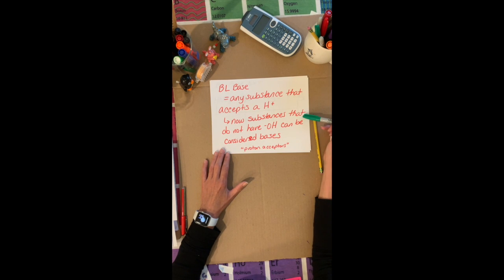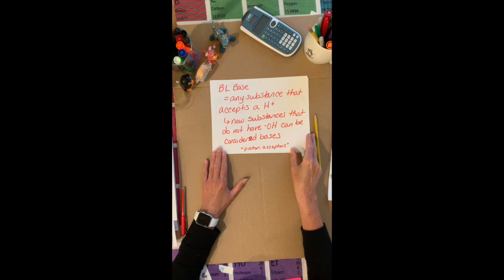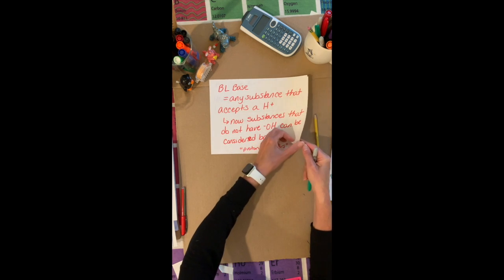And this expands that Arrhenius definition because now substances that do not have that hydroxide ion associated with their chemical formula can be considered bases. So any substance that accepts protons, takes them out of solution, is considered a Bronsted-Lowry base.